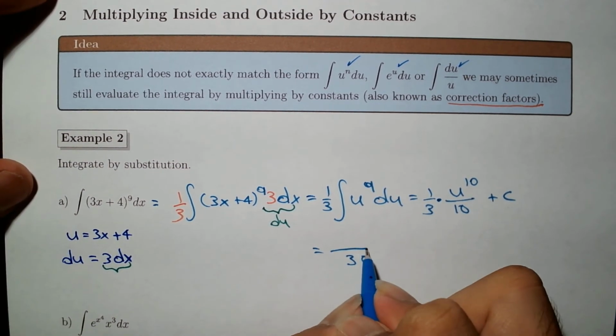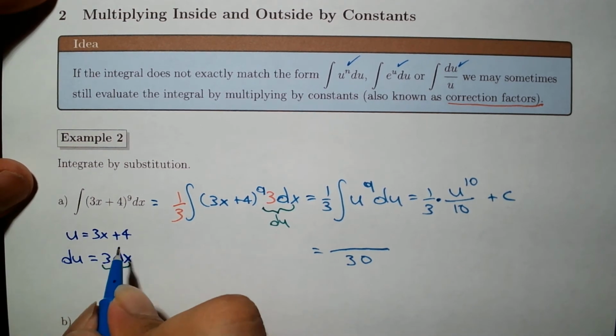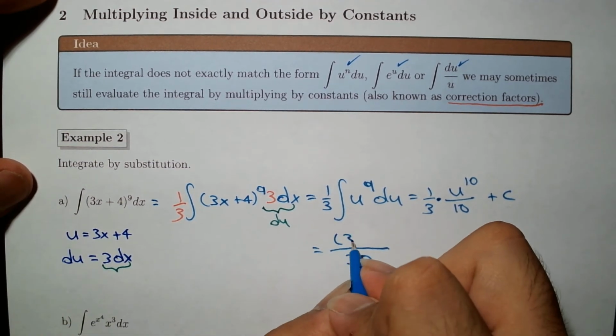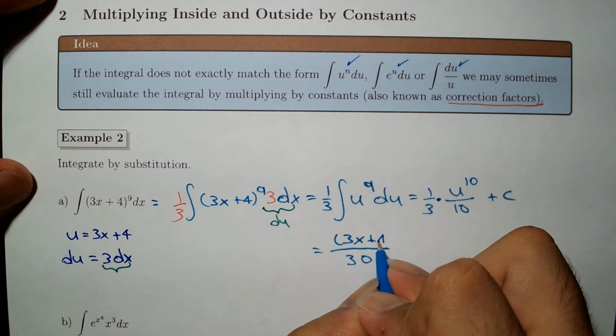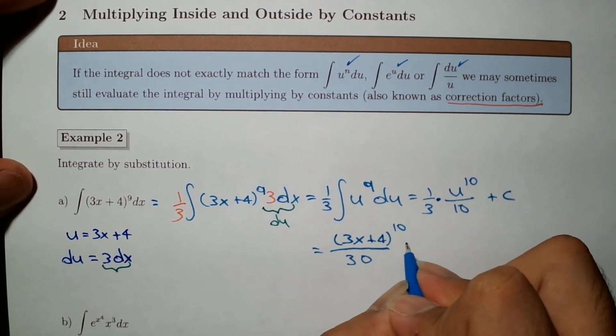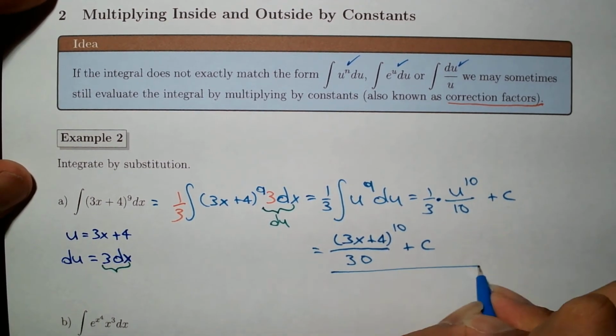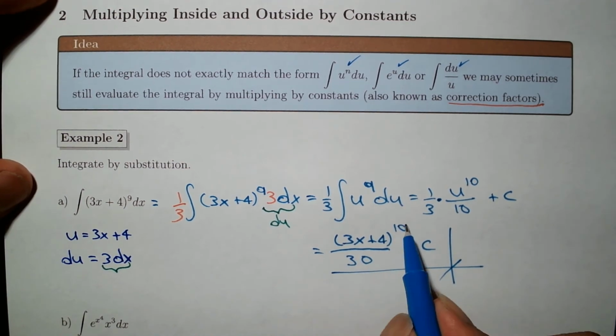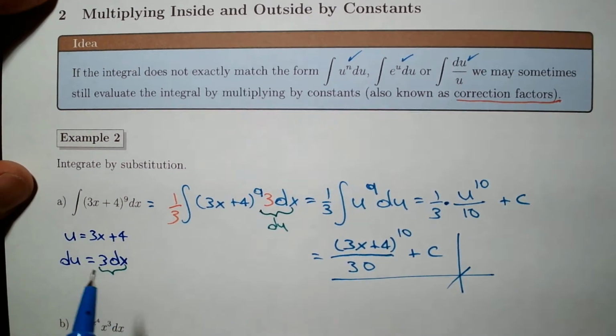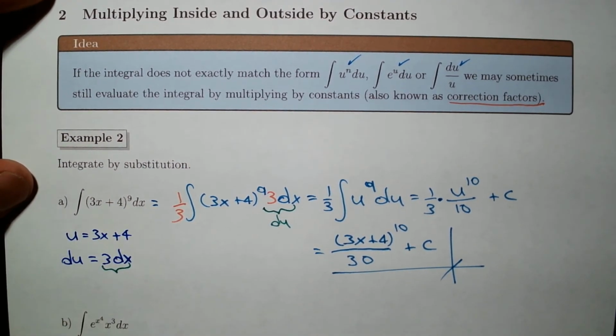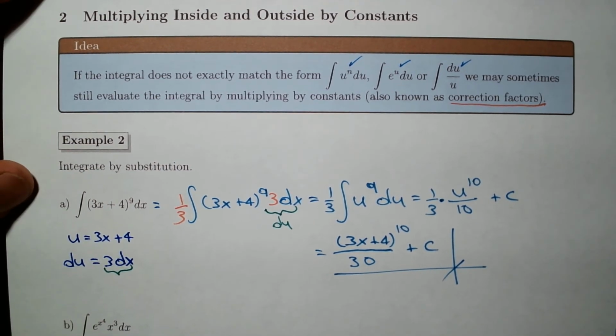And you might want to replace u with what we set it as, which in this case is (3x plus 4) to the 10th power plus c. Take the derivative of this, and you should get this same quantity right here. It would take a mini chain rule here.